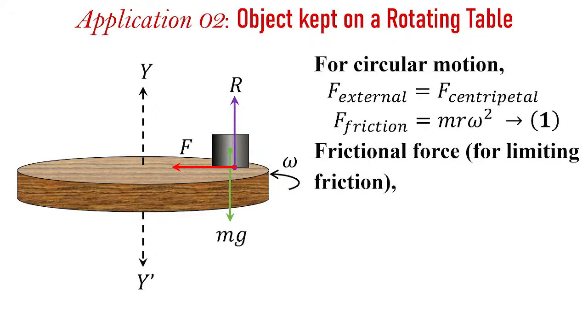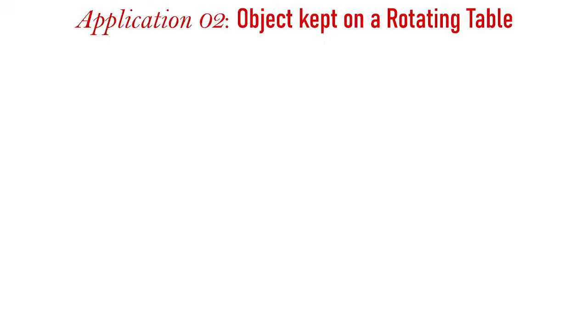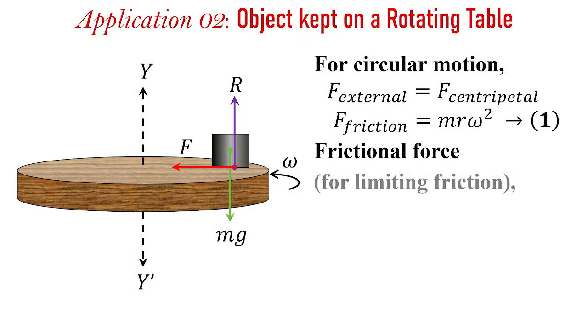If it is limiting, yes, F equals mu R. They have to give something like, the object is barely in the circular motion, or the object does not slide away from the circular motion.